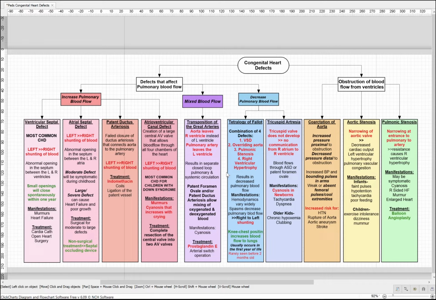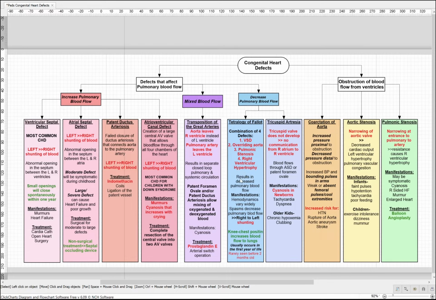So we just have all sorts of things going wrong that are contributing to difficulty with oxygenating the blood to start and then getting that oxygenated blood out to the body. So that's why this one is considered to be a cyanotic defect, because it's so difficult to get that delivery of oxygenated blood to the body.